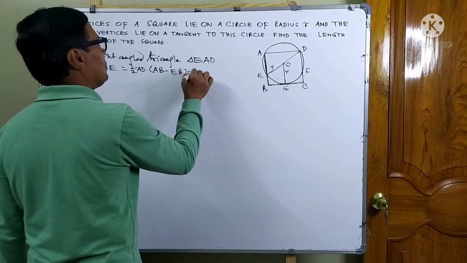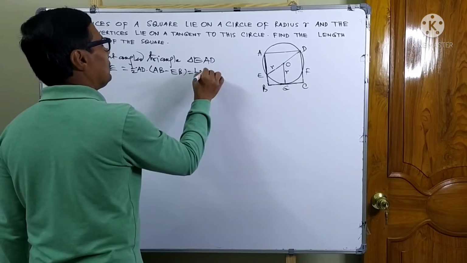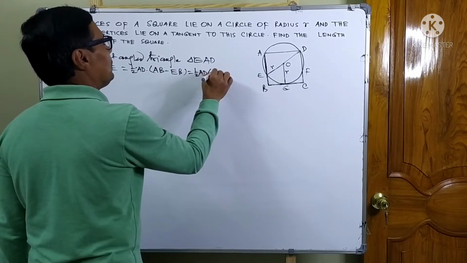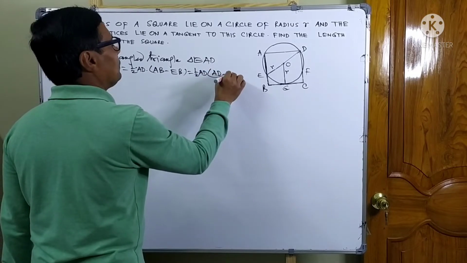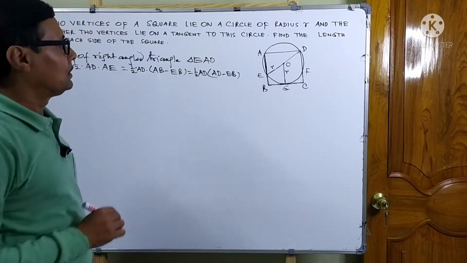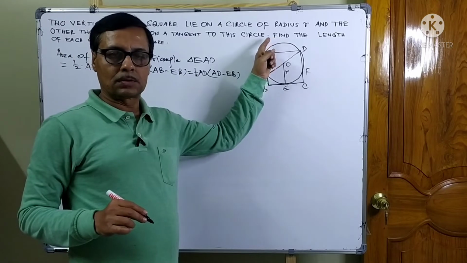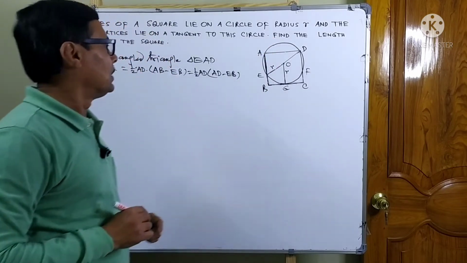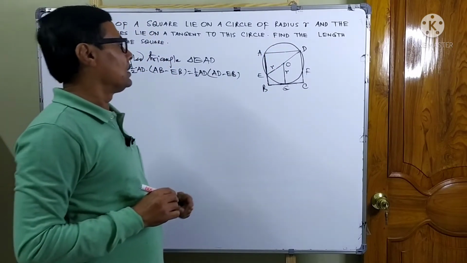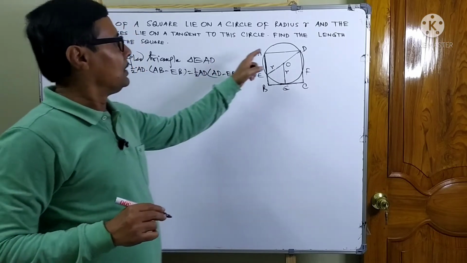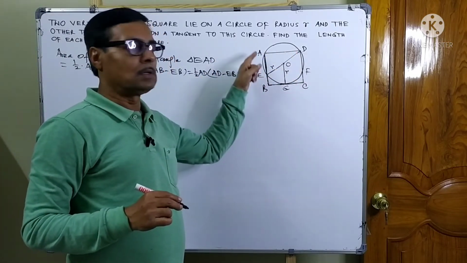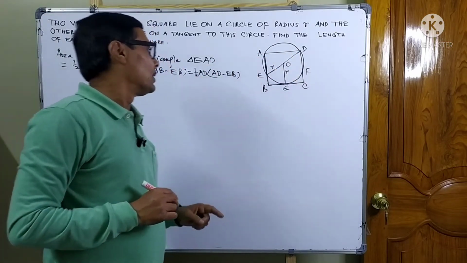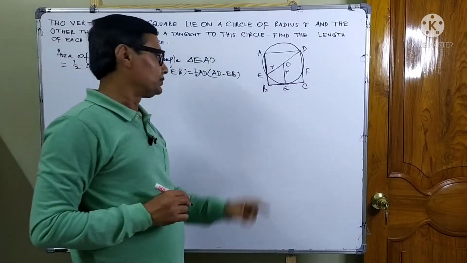So, this is equal to half AD multiplied by AD minus EB, because length of all sides of this square are equal. So, AD equal to DC equal to BC equal to AB. So, we can write AD in place of AB.